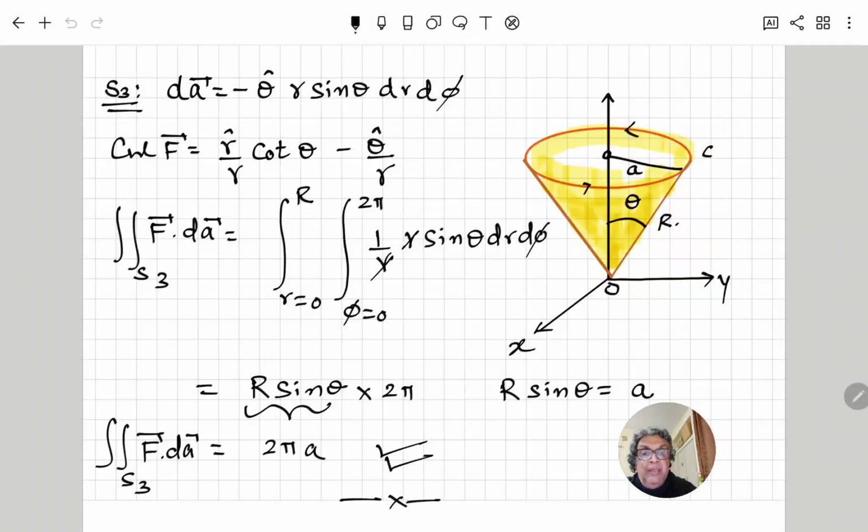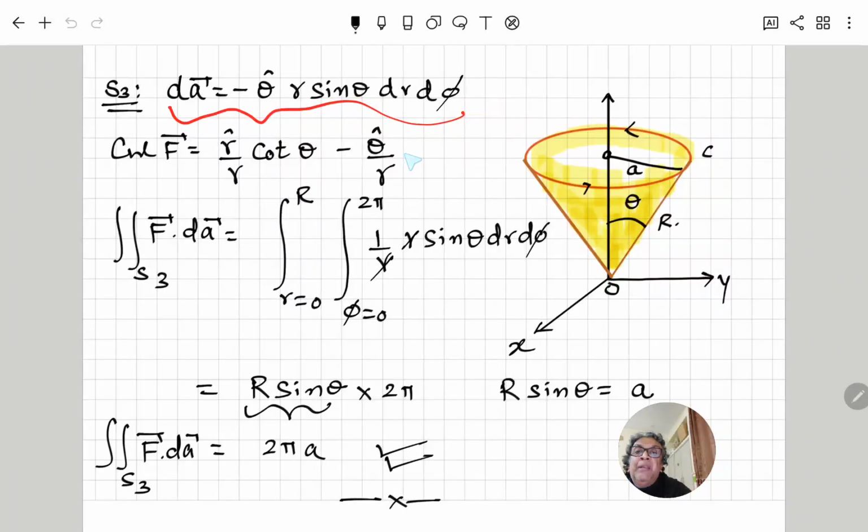And why interior? Again, the same argument goes as we had done in the case of the hemisphere, because we have a counterclockwise loop, so the interior of the surface is our capping surface, always pointing towards the negative theta direction. So the area element in this case, I can write it down recalling my curvilinear coordinate system, with the negative sign by this argument, and it is theta cap r sin theta dr d phi.